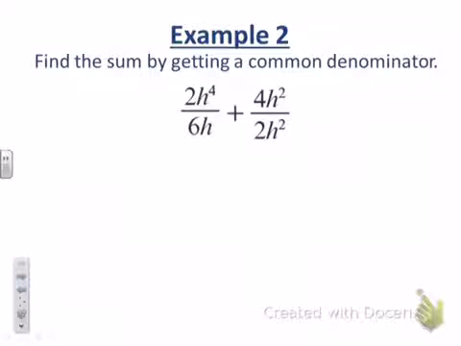Let's find the sum by getting a common denominator. Make the denominators the same. And we can only do that by multiplying by 1, right? The only thing I'm allowed to do to a term is multiply it by 1 or add 0. So what can I make these denominators?